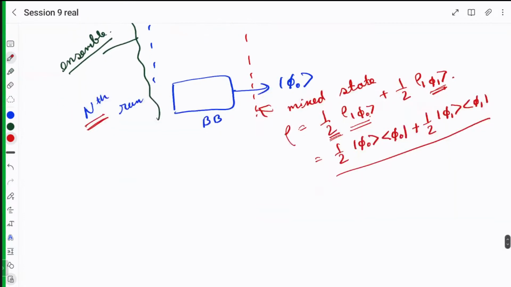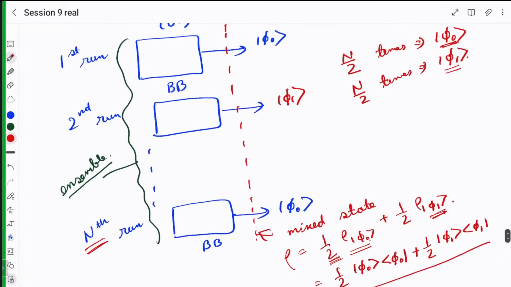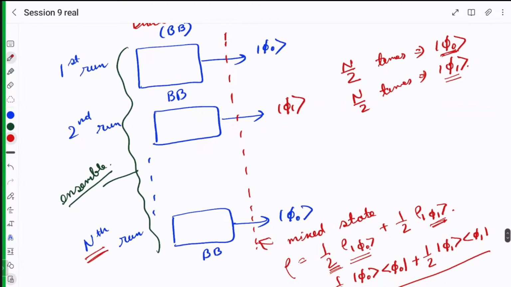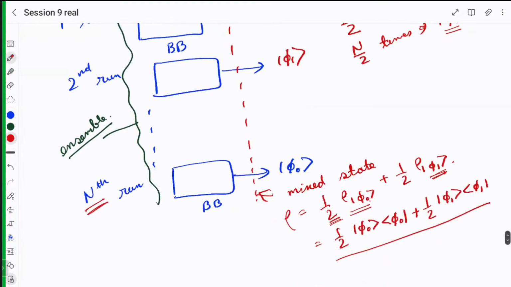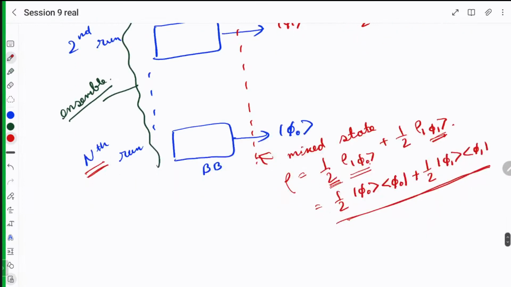So this is how you would describe it. Again, this is an ensemble, and in the ensemble, sometimes it is phi naught, sometimes it is phi 1. That's why we now have to use a mixed state to describe the state of the system. Is this part clear to everybody? Any questions?